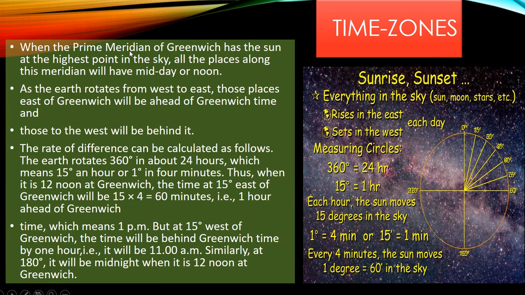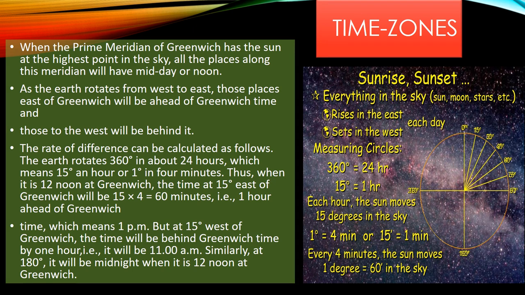Now, when the prime meridian of Greenwich has the sun at the highest point in the sky, all the places along this meridian will have a midday or noon. If you take this 0 degree as the prime meridian, all the places located on this meridian will have midday or noon.